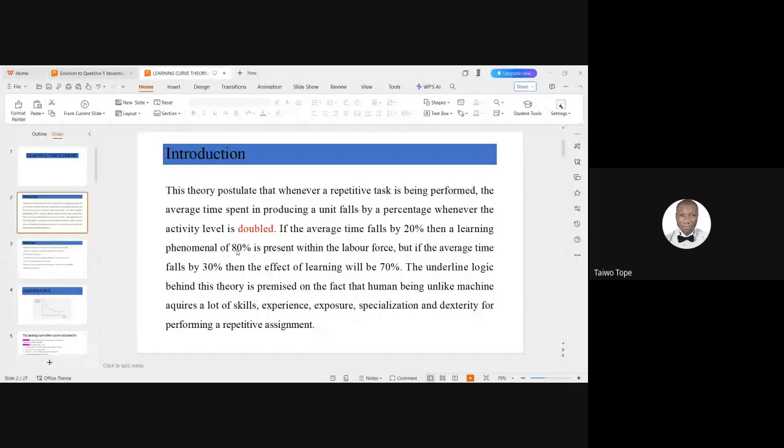If you use 1 hour the first time you are doing a task, the next time you'll be doing it, you should use less time. If I use 1 hour in trying to fix a boat, the next time I do that task, I should use, let's say, 50 minutes. The next time I repeat that task, I should use, let's say, 40 minutes.